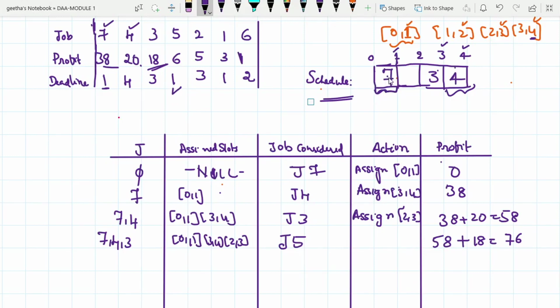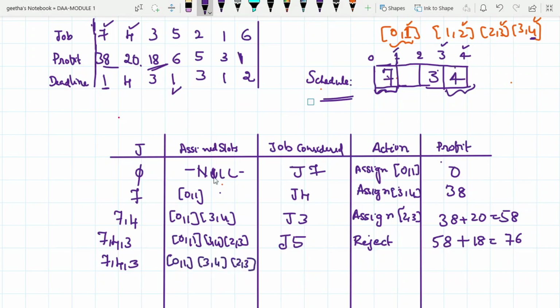There is no smaller or previous slot available than 1, so we cannot accept it. We are going to reject this. The considered jobs are still 7, 4 and 3, and the assigned slots are the same.